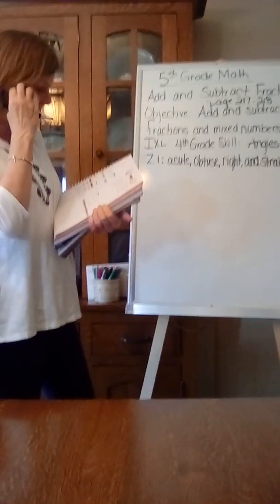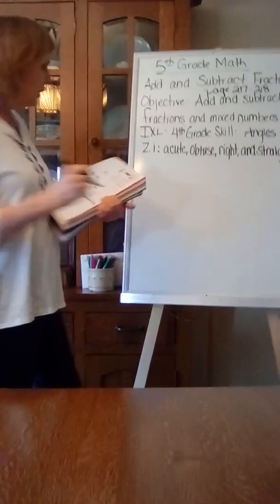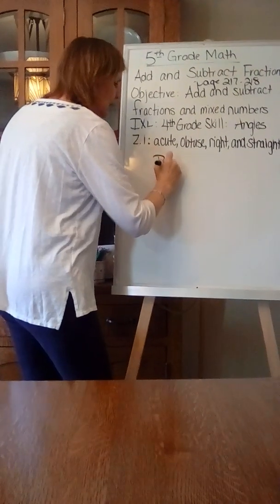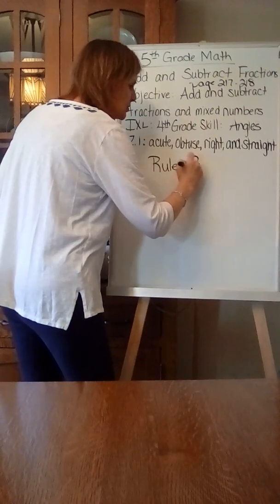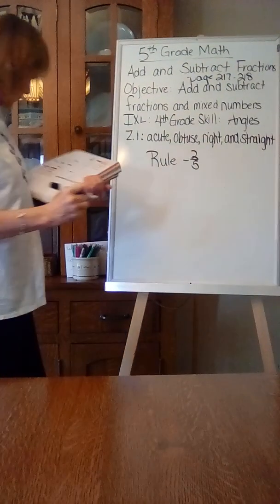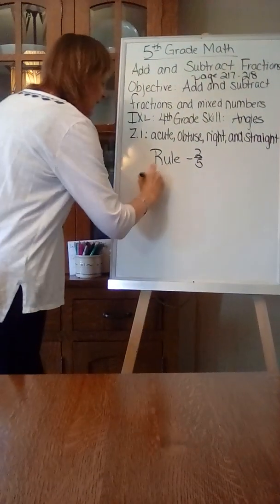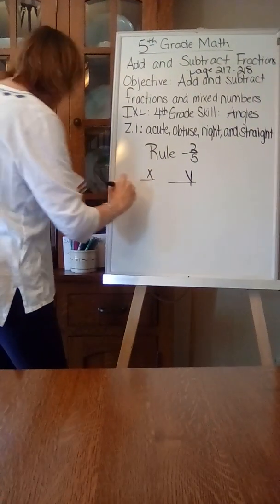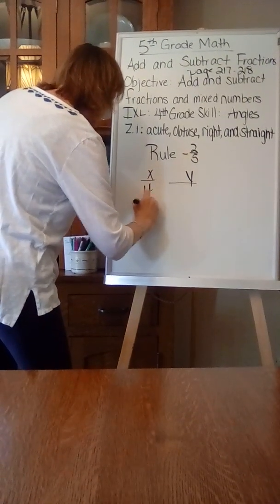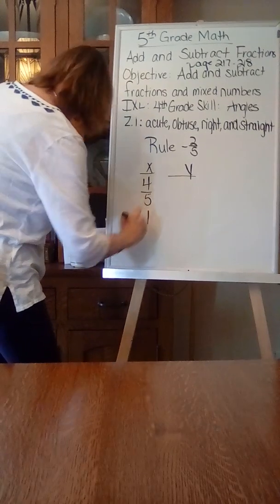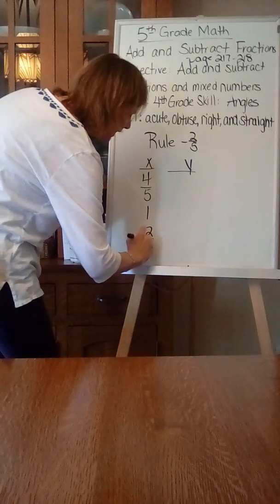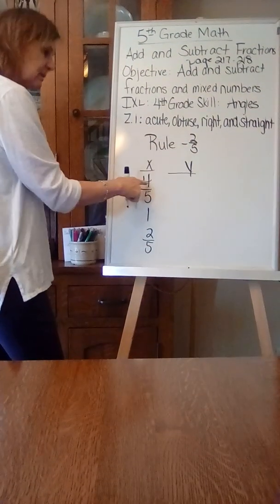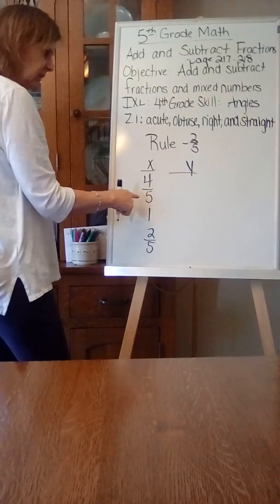All right, the next one I want to work with you is 19, completing a table. The rule is minus 2/5. So in the X column and the Y column, I've got 4/5, 1, 2/5. And they want me to subtract 2/5 from each of these.